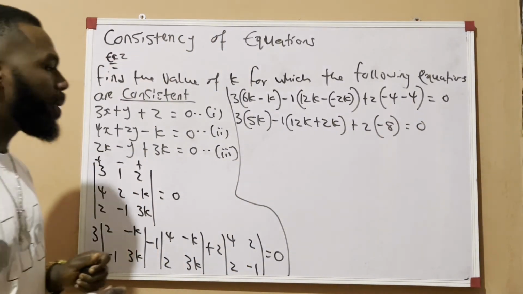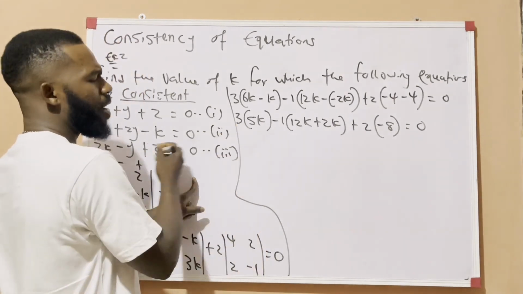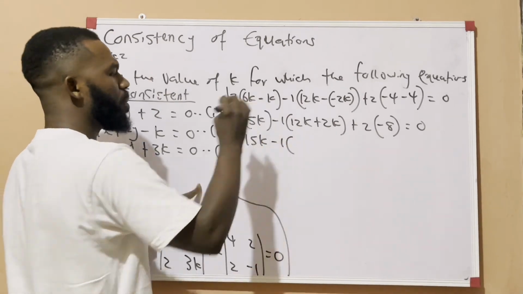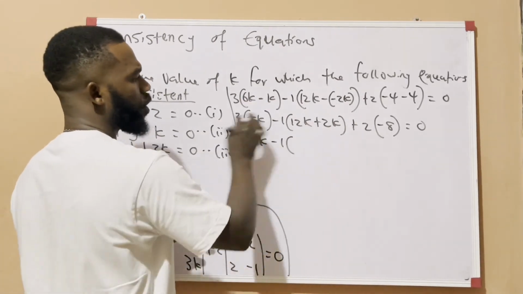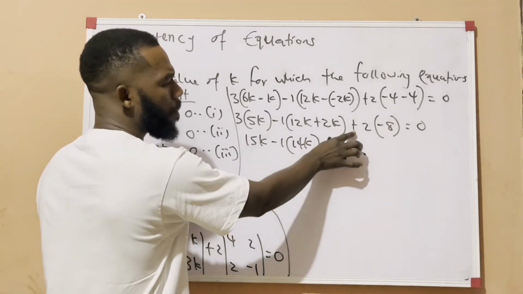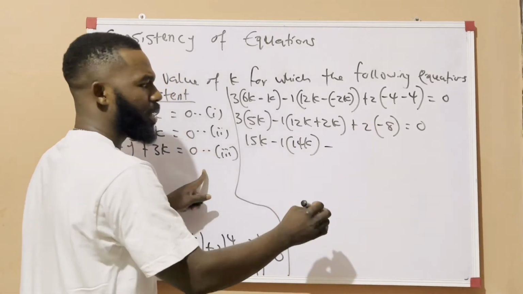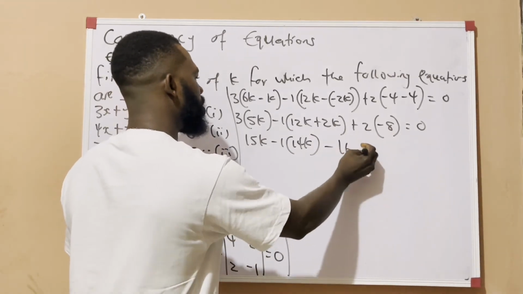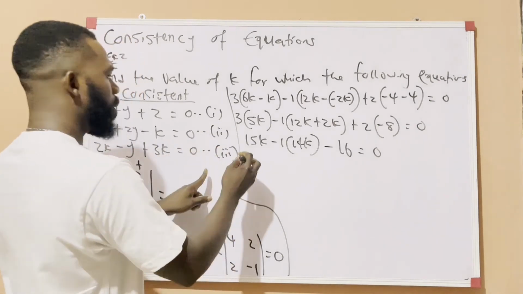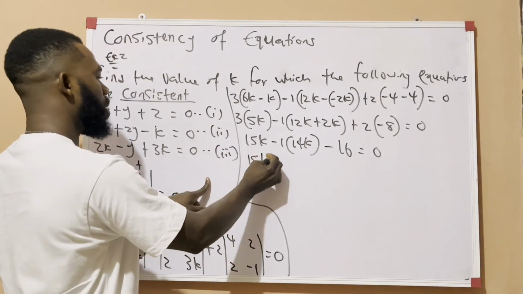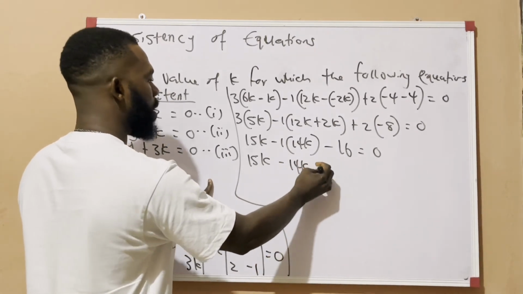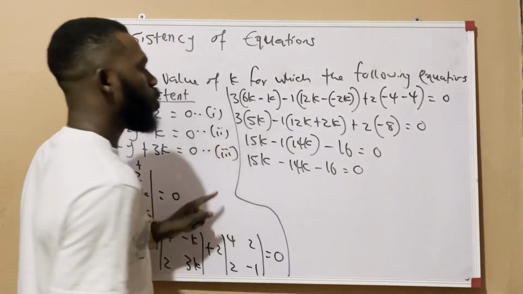Alright, let's open the brackets. 3 multiplied by 5k gives us 15k minus 1 into the bracket of 12k plus 2k gives us 14k. Alright, plus times minus is minus, and 2 times 8 is 16 equal to 0. Okay, here becomes 15k minus 1 times 14k gives us 14k minus 16 equal to 0.